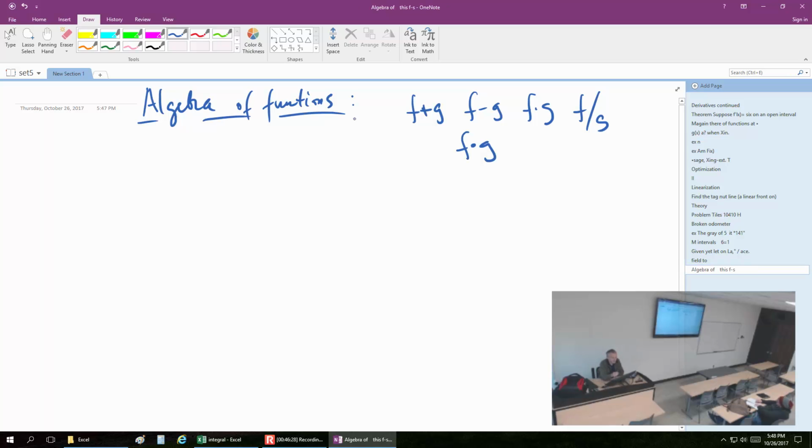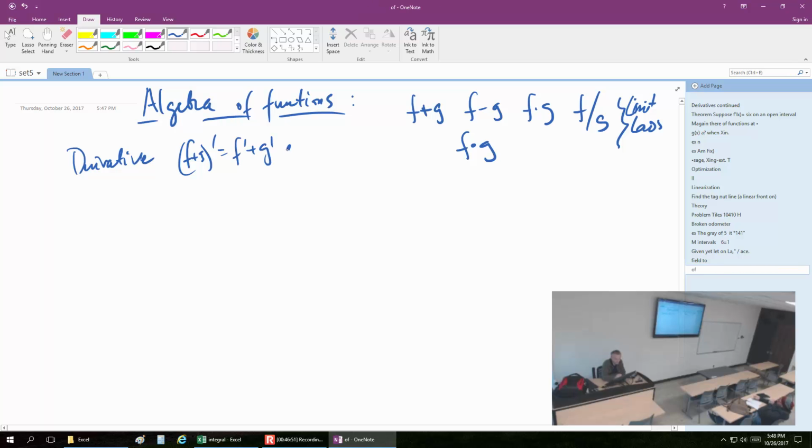And remember that for all 5, we had limit laws, right? So we're going to need those. And we also had derivative laws for all of them. Remember the sum rule of derivatives, and so on. Say (f plus g) prime is equal to f prime plus g prime, and so on.